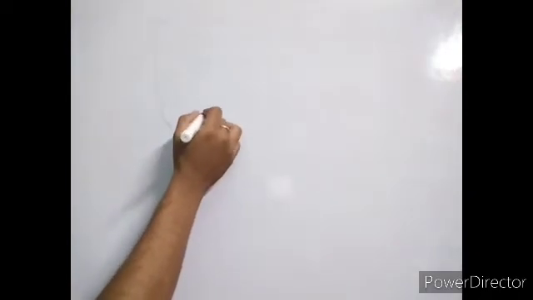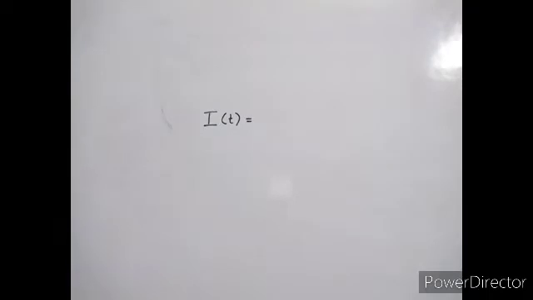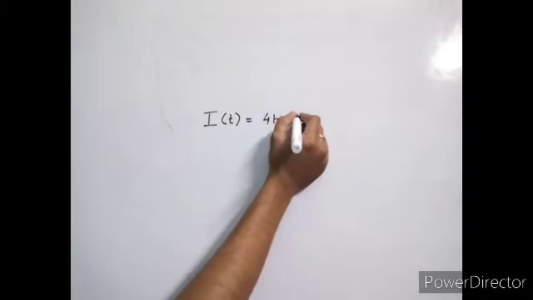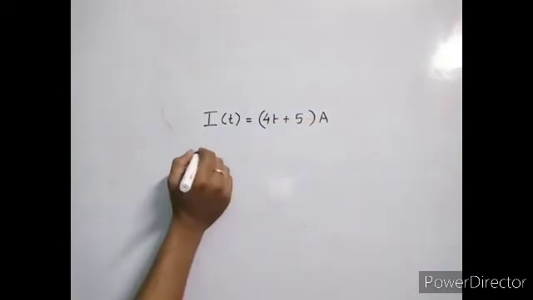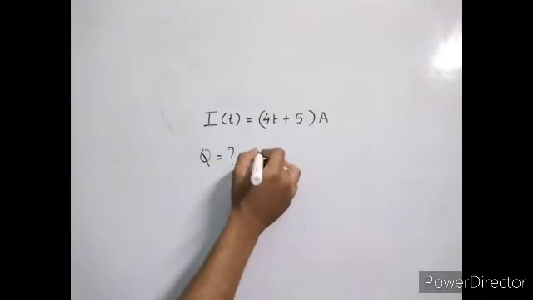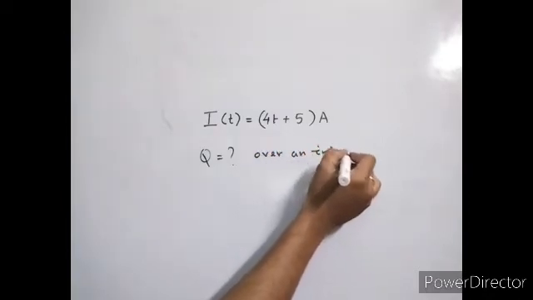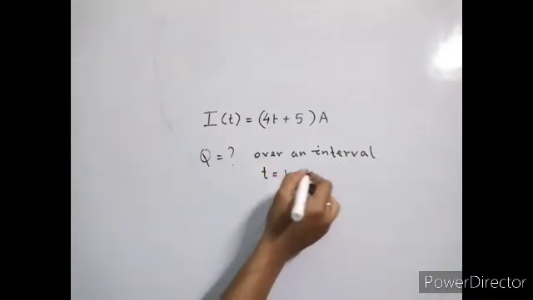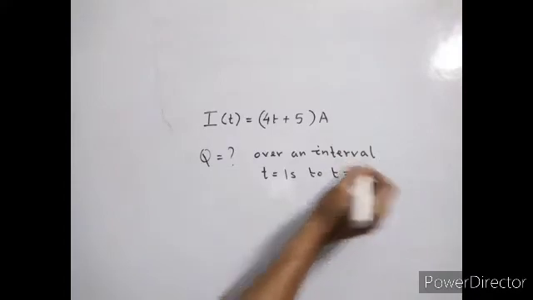On the other hand, if we are given an expression for current with respect to time, suppose current is varying with time and is given as 4t plus 5 in amperes, then let us calculate the amount of charge that flows through a given conductor over an interval of time, suppose t is equal to 1 second to t is equal to, let's say, 3 seconds.